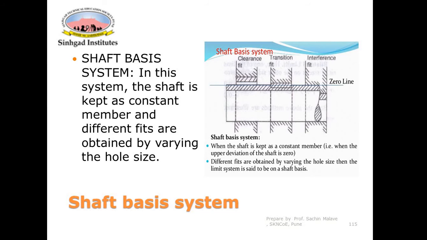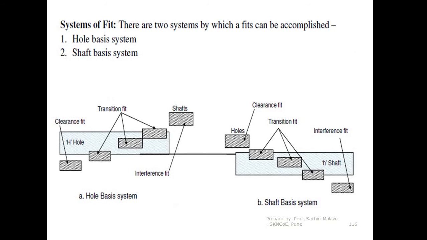So basically now the question arises, which type of system is preferred. Again you can see this is elaborated here. This is the hole based system. In case of the hole based system, this particular rectangle from here to here, slightly bluish in color, represents the size of the hole, and various fits obtained are clearance fit.